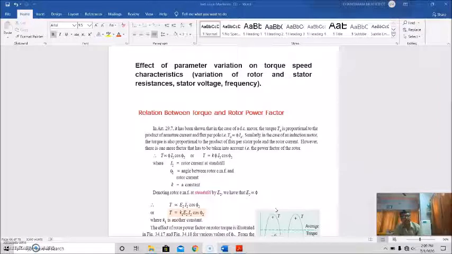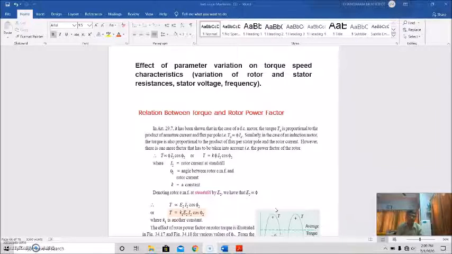So basically we know, as in case of DC motor, torque is proportional to the product of the flux and the armature current. Similarly, in case of induction motor also, the torque is proportional to the product of flux per stator pole and the rotor current. However, there is one more factor that has to be taken into account, that is the power factor of the rotor.